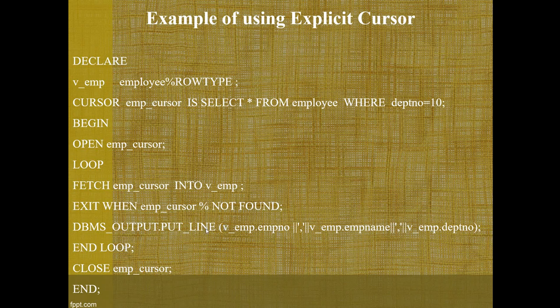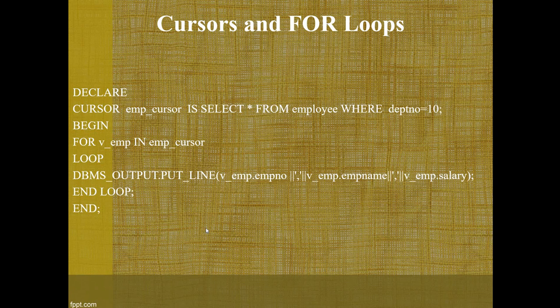And next we are going to implement the same procedure, but we are going to use the for loop. That's the difference between the two. Here it's very easy to implement the cursor by using the for loop compared to the simple loop.